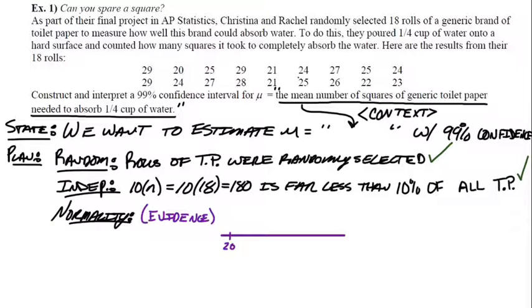The smallest one we have is 20, and that goes all the way up to 29. So why don't we just go from 20 to 30 for our dot plot. And let's go two at a time here.